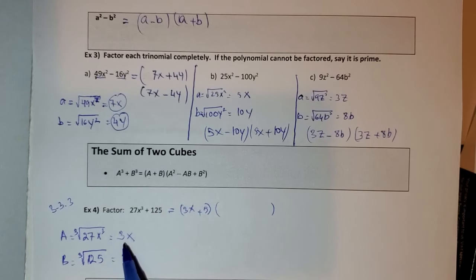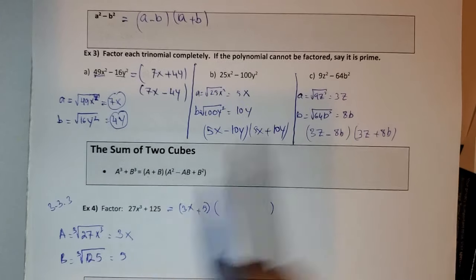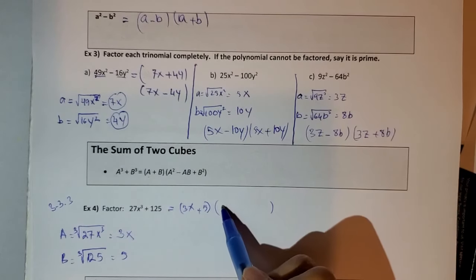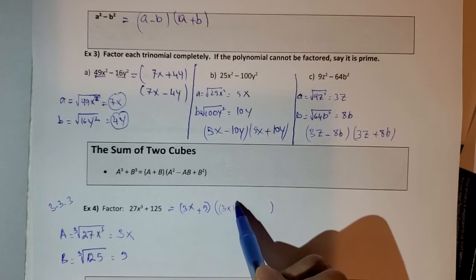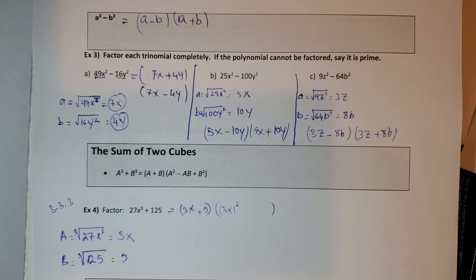This is going to say a square, and 3x represents your a, because they say a square. So your 3x represents your a here. Now we move on to minus ab.